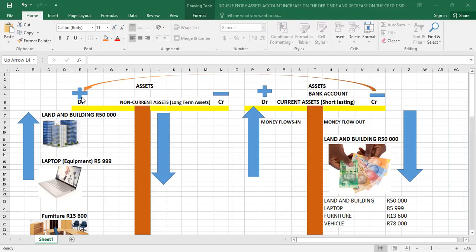Every time we buy a non-current asset, we are going to be debiting our non-current asset account. Which side? On our left-hand side, the debit side. So let us make some examples of how to buy assets, and then you are going to be recording that particular asset that is coming into your business, on the debit side.